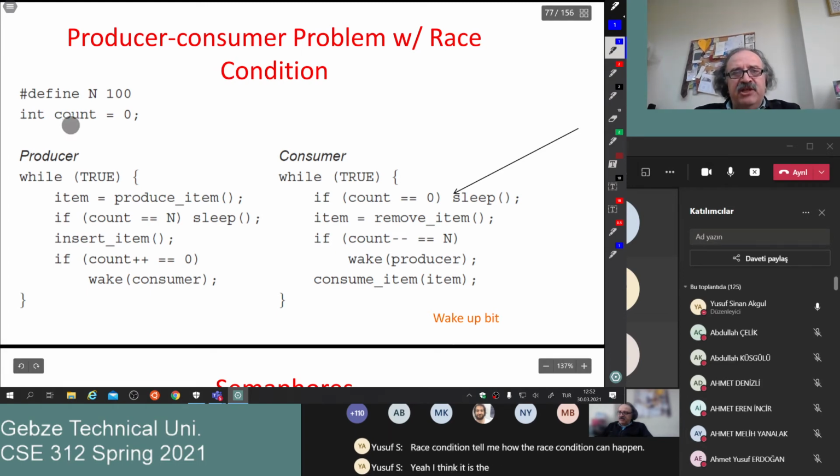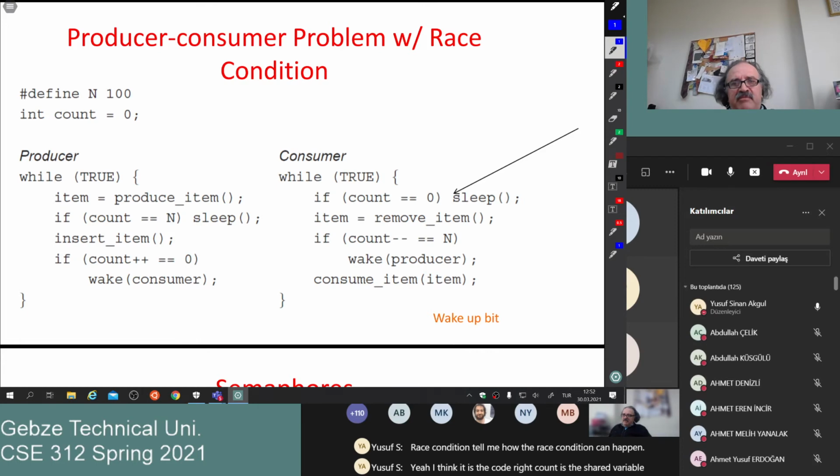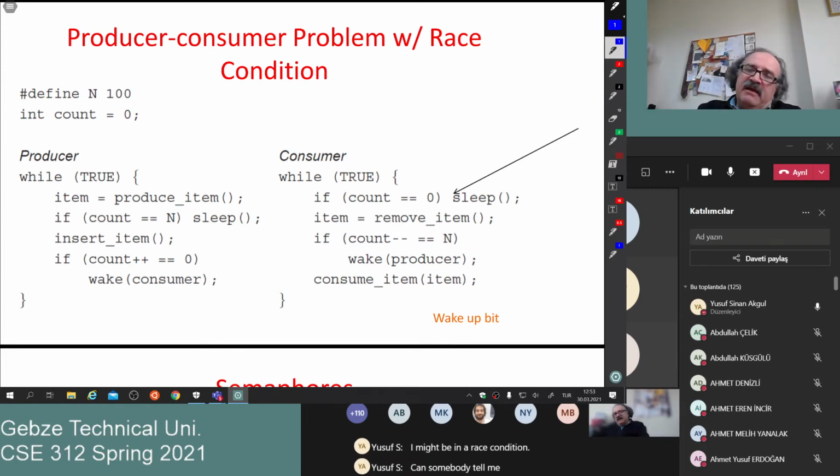Count is the shared variable, and the problem happens with the count, I guess. When a switch happens somewhere, I might be in a race condition. Can somebody tell me? I wish I didn't put this arrow here. So if a switch happens there, then we will see the race condition.